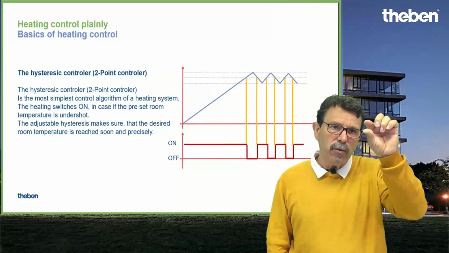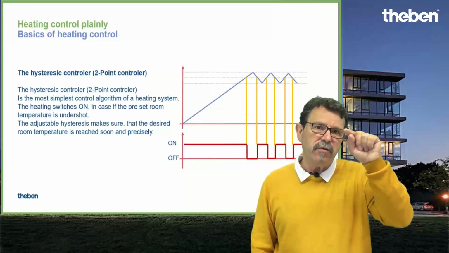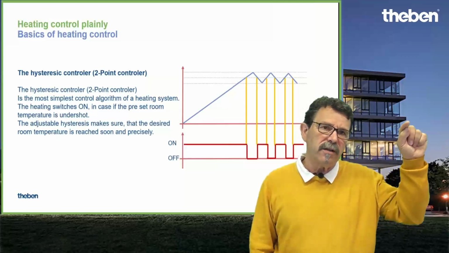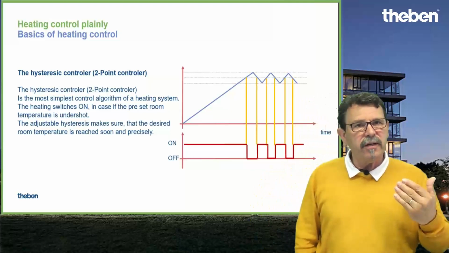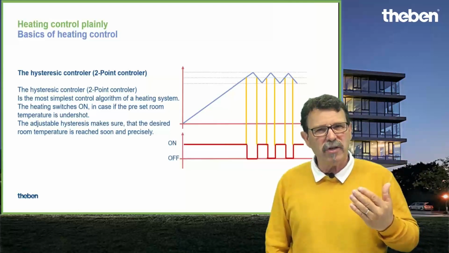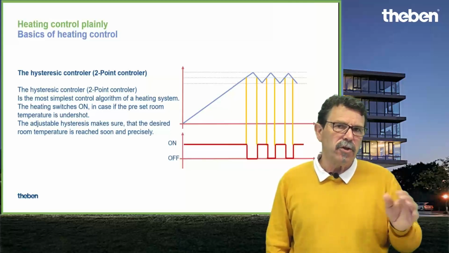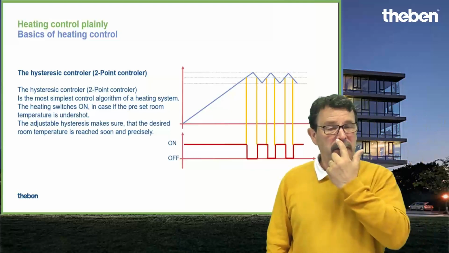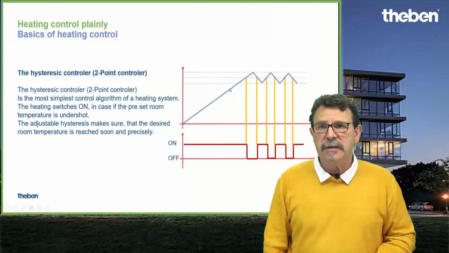When you reduce this hysteresis, it becomes rather correct. But then the heating activity is rather frequent. That means we have permanent on and off in order to keep this temperature smooth and rather precise.